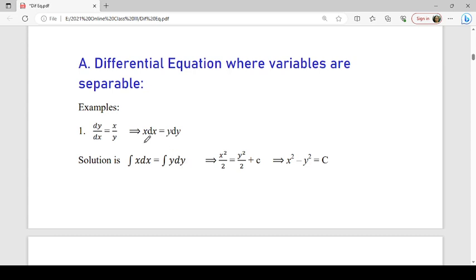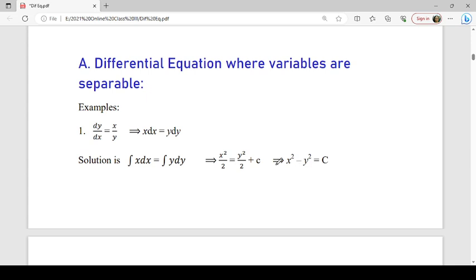So first we should make it in this way. From this you derive like this, then you write the solution. When writing the solution, you write the integration sign and then perform the integration. So integration of x dx is x square by 2, integration of y dy is y square by 2, and you write one arbitrary constant. So we get x square by 2 minus y square by 2 is equal to c.